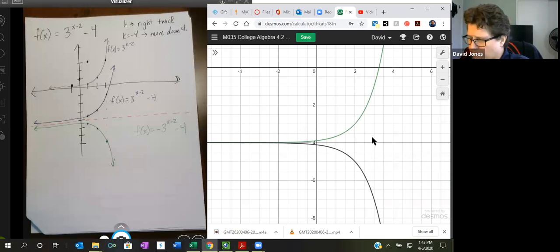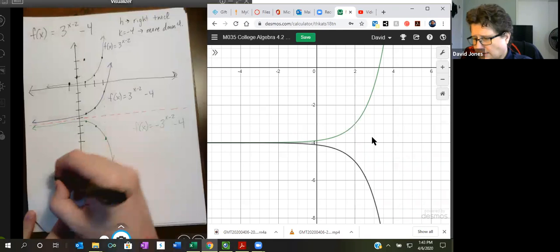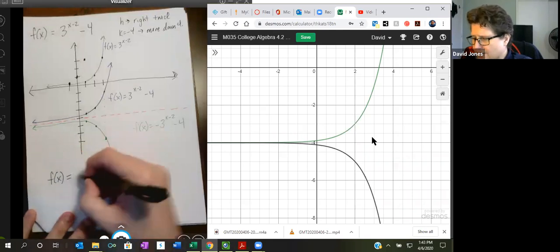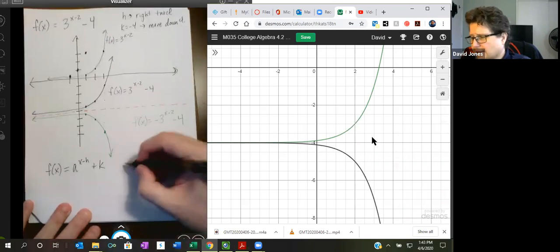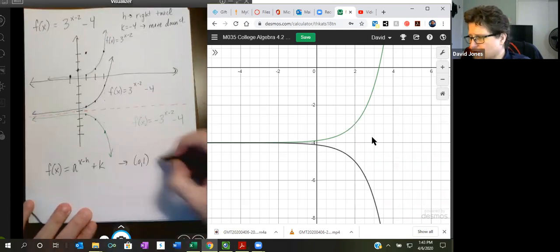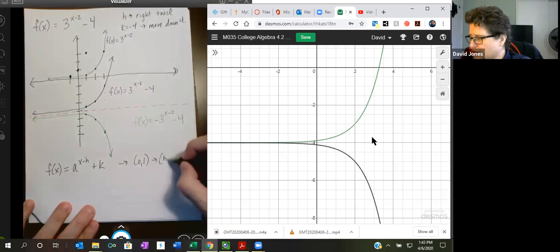So f of x equals a to the x minus h plus k. 0, 1 moves to h, k plus 1.